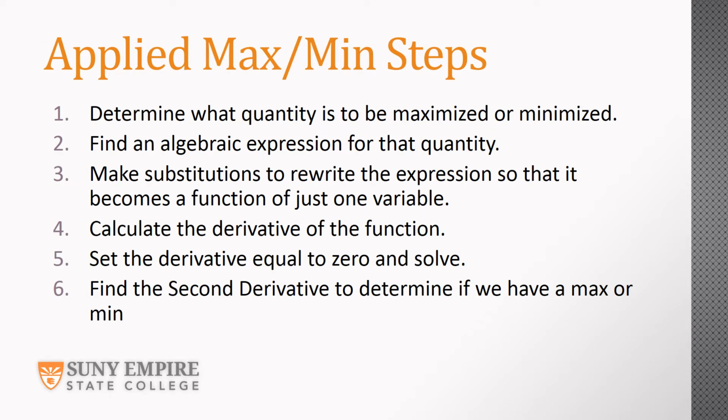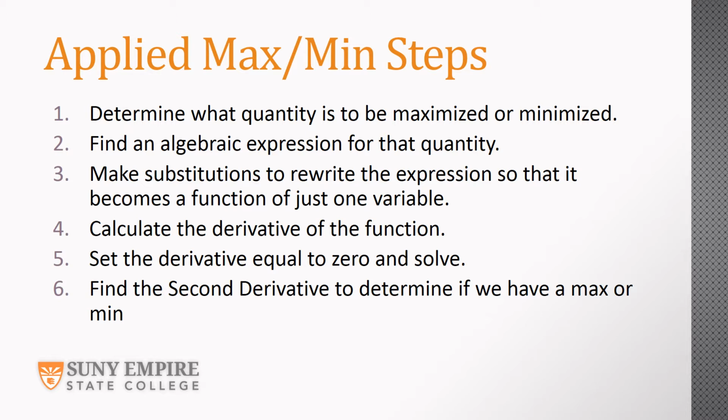There is a basic process to completing applied maximum or minimum problems in which there is no clear function. First, we need to determine the quantity to be optimized. This quantity is usually clear from the problem description. Next, we need to find an algebraic expression for that quantity.